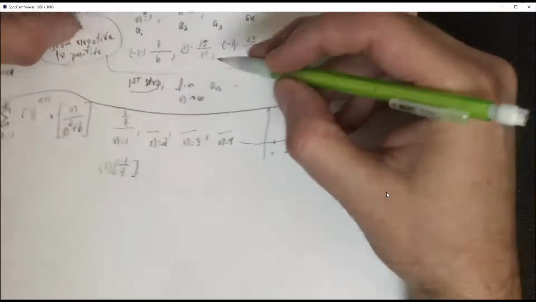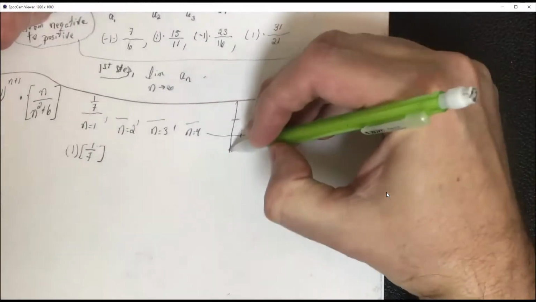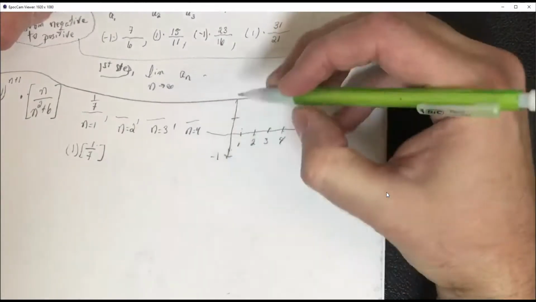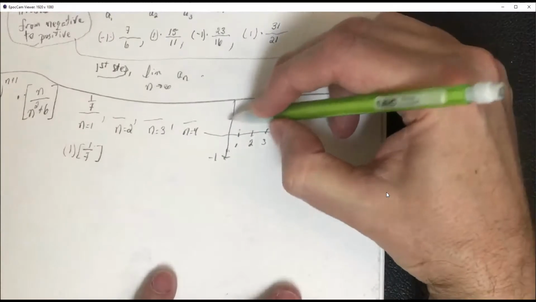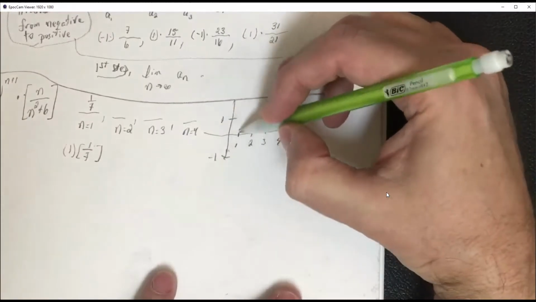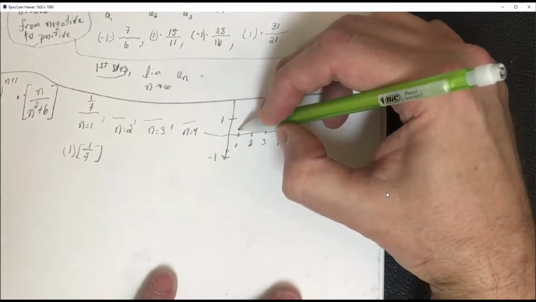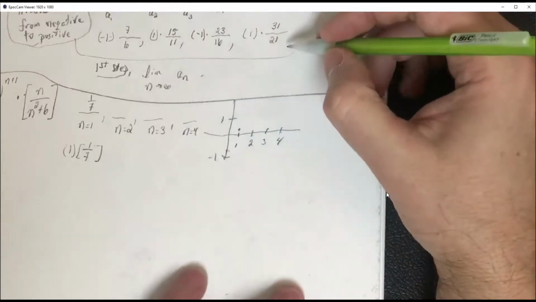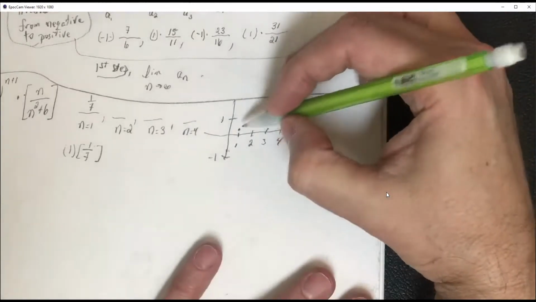There's our first term. If we make a little informal sketch, with 1 up here and -1 below, the first term is 1/7, a little bit above 0.